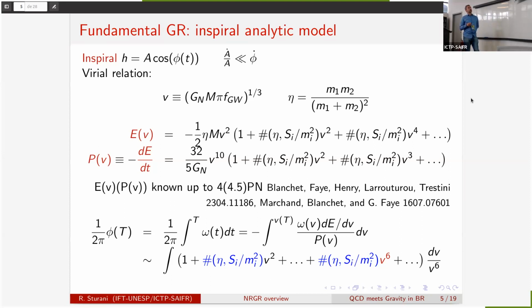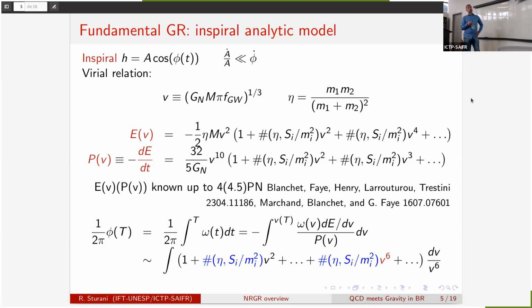And then, of course, there are different ways in which you can resum or expand each of the two. For instance, you can expand everything in the numerator, and you see there is a leading term, which is 1 over v to the 6, and then here you have v to all sorts of corrections. That also means that if you want to keep under control the error on the phase that you compute in this way, you had better include at least v to the 6 corrections.